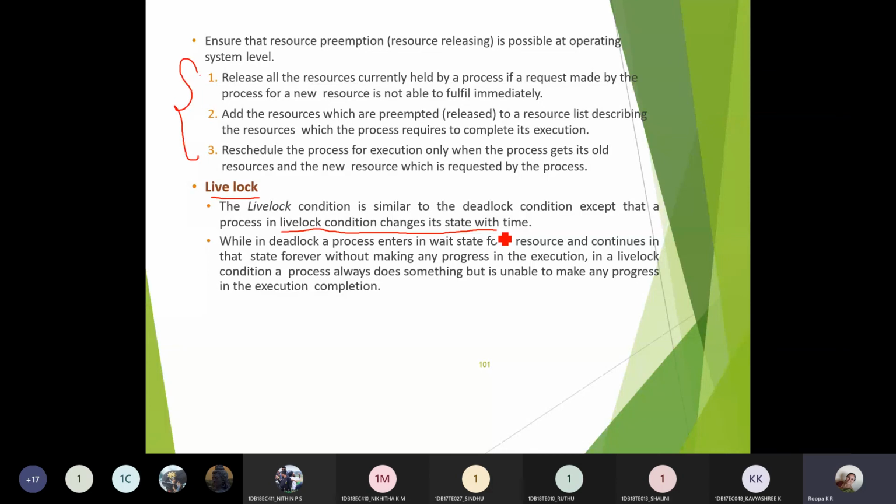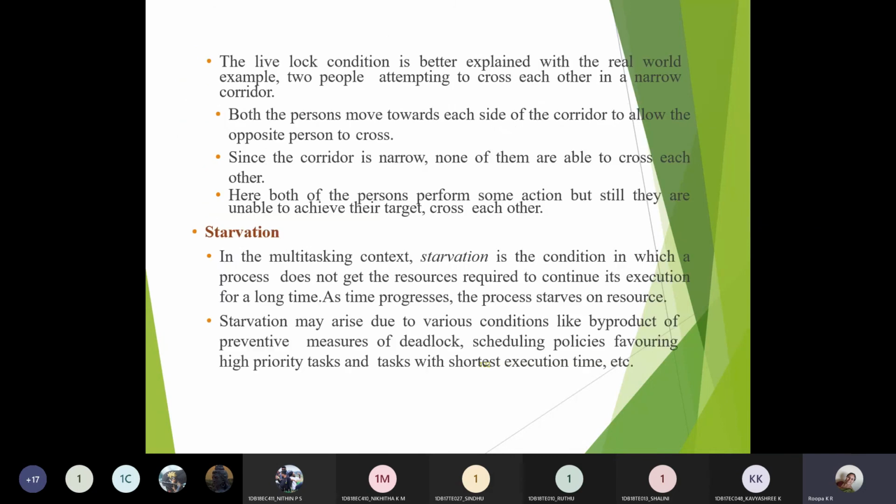Whereas in a deadlock condition, once it is waiting for the resource, it won't go on to execute the next part of the process until the current process execution is completed. So this is the livelock situation. It is similar to deadlock, but instead of waiting, it starts executing the next part.